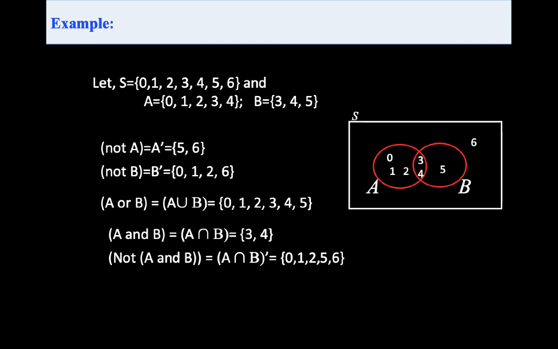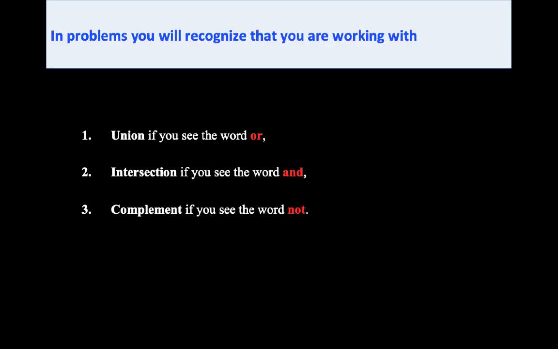Not (A and B) means the complement of A intersection B. So first understand A intersection B. What are its elements? 3, 4. Then find the complement of that. What are the other elements we have left? 0, 1, 2, 5, 6. So that is the complement of A intersection B.